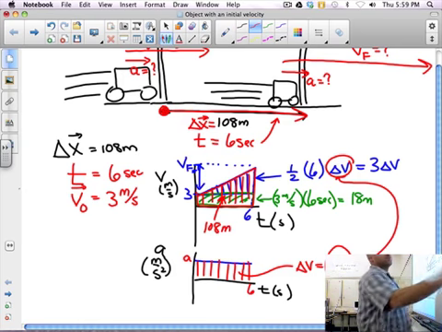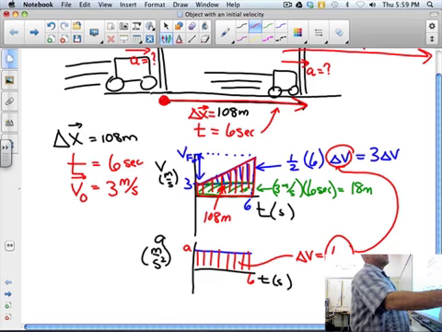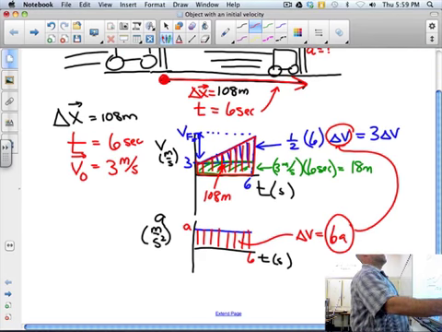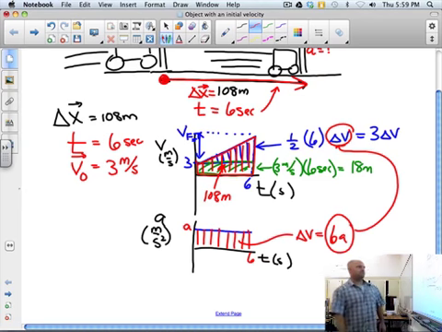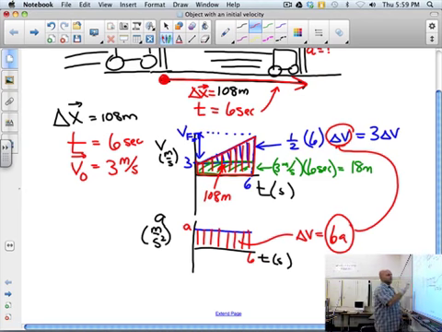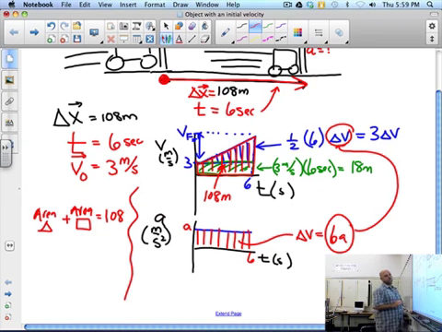So I can use that relationship to find my acceleration. Okay? So I'll do that now. The area of the triangle plus area of that rectangle together has to give me 108.